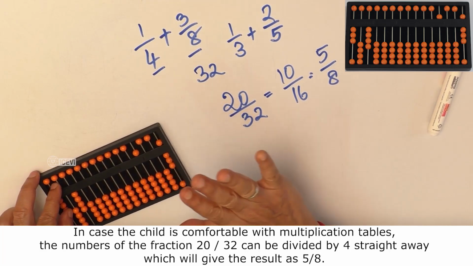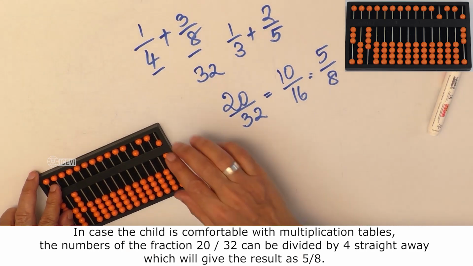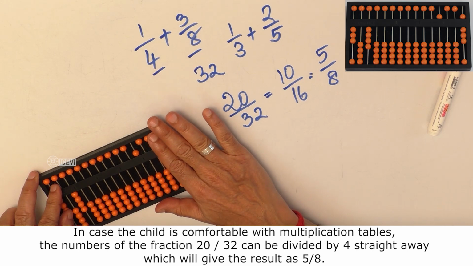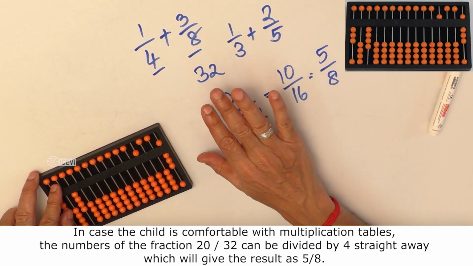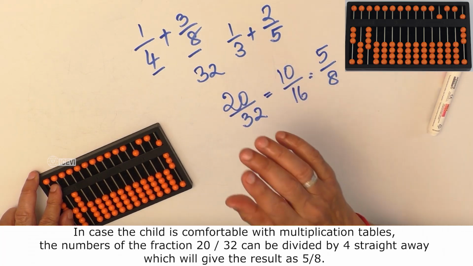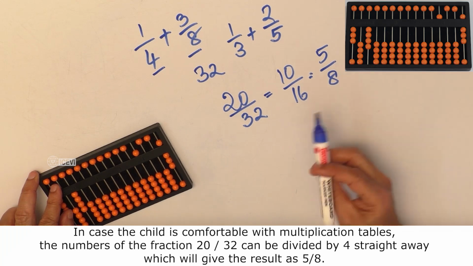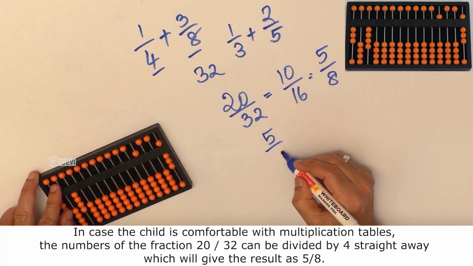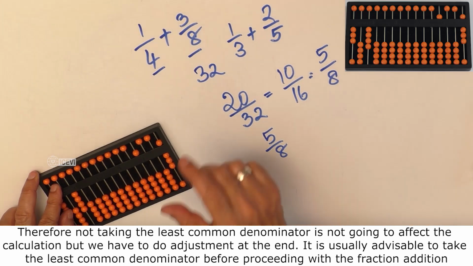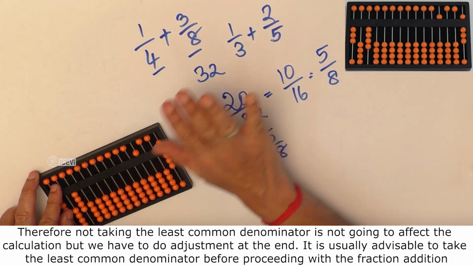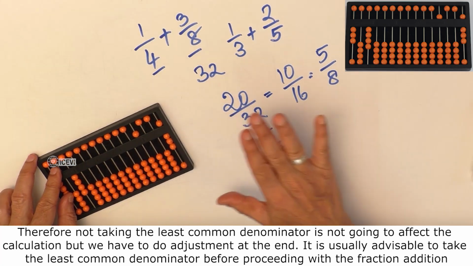In case the child is comfortable with the multiplication tables, the numbers of the fraction 20 by 32 can be divided by 4 straight away, which will give the result as 5 by 8. Therefore, not taking the least common denominator is not going to affect the calculation, but we have to do adjustment at the end.